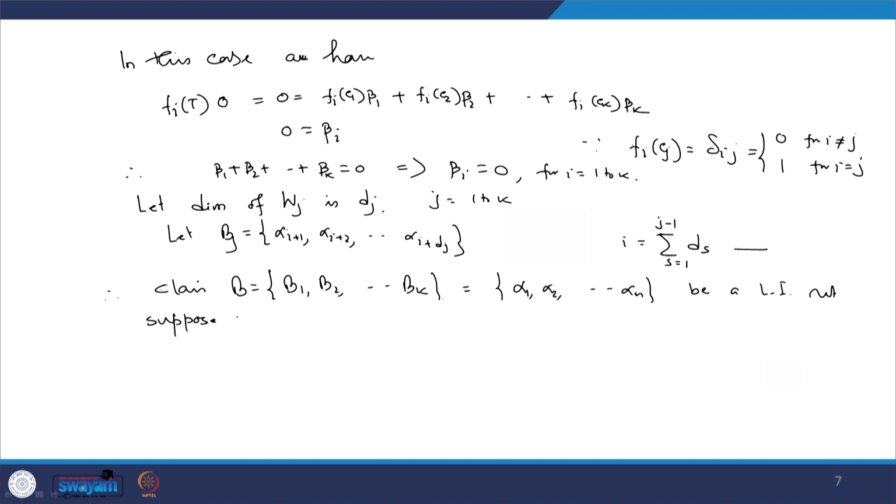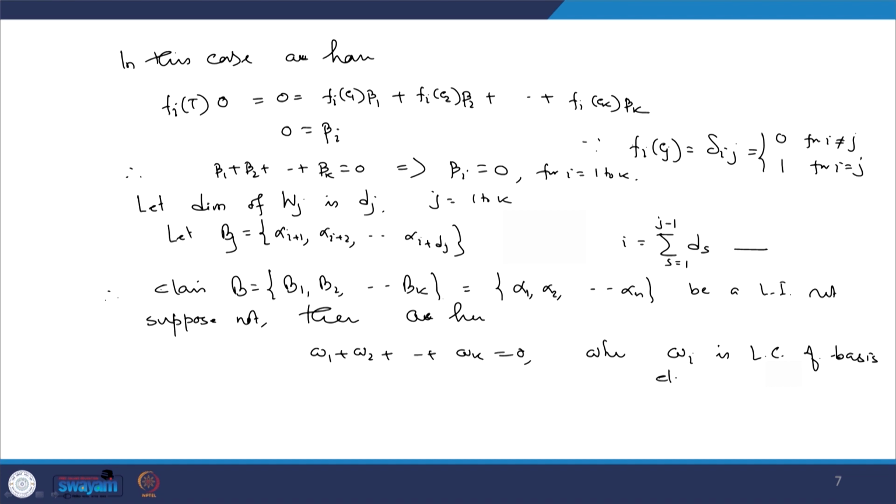Suppose not, then we have something like w1 plus w2 plus wk equal to 0, where wi is a linear combination of basis elements of Wi.